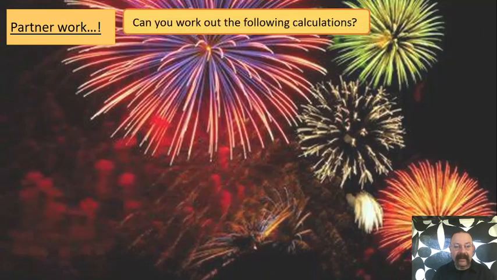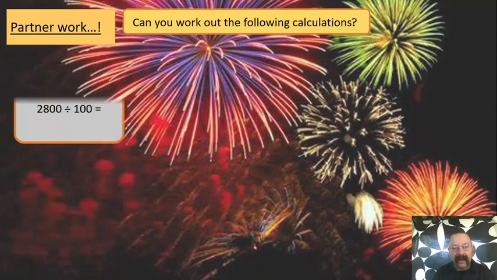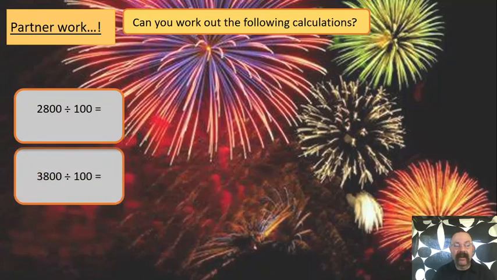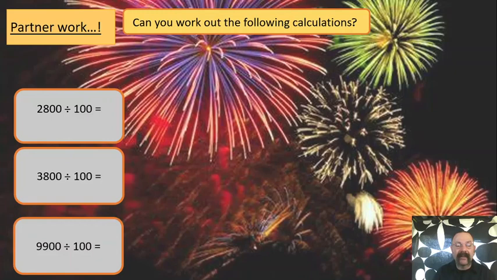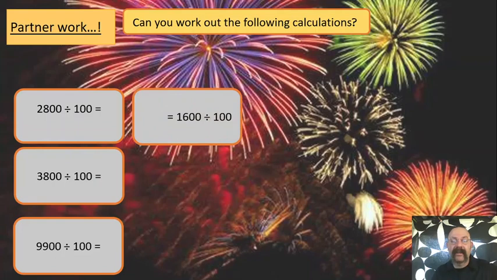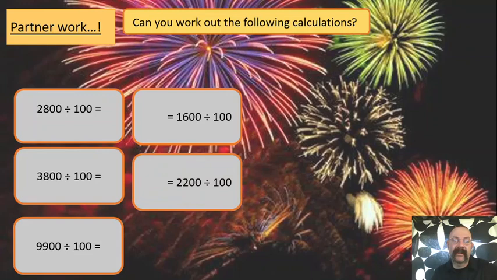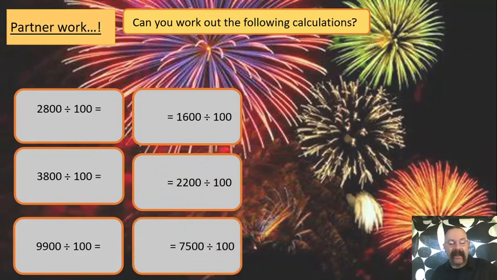Okay, so what I'd like you to do is have a go at working out the following calculations. So we've got 2,800 divided by 100, 3,800 divided by 100, we've got 9,900 divided by 100, we've got 1,600 divided by 100, we have got 2,200 divided by 100, and we've got 7,500 divided by 100.